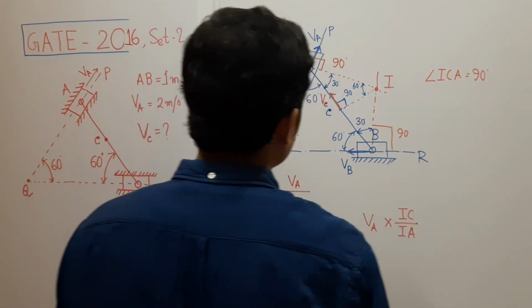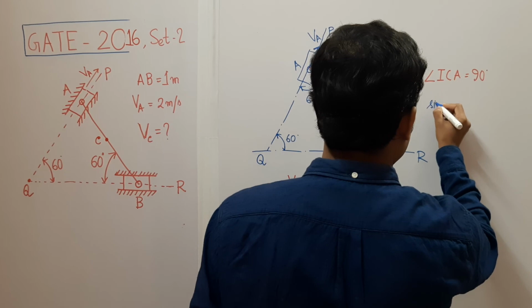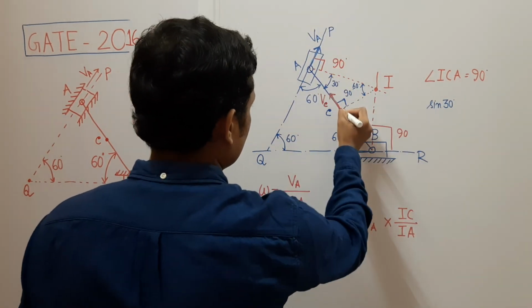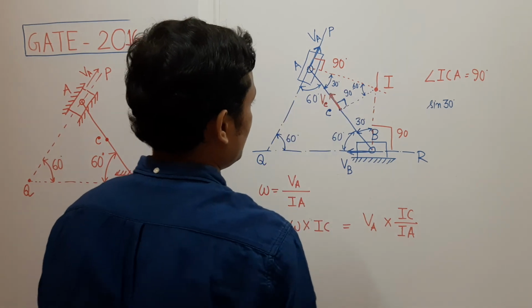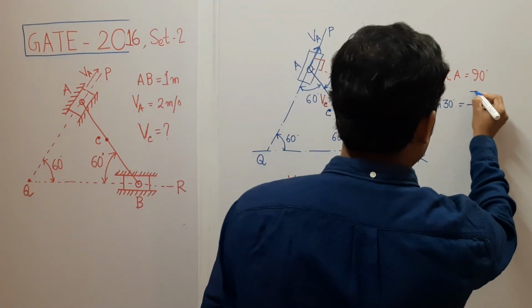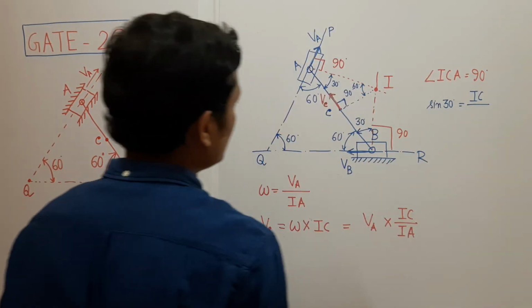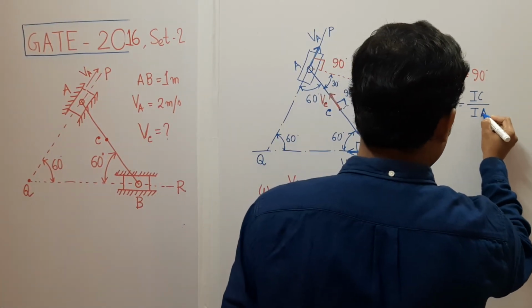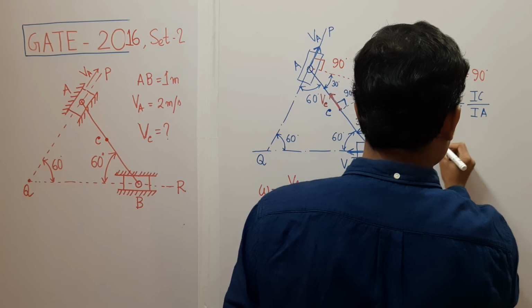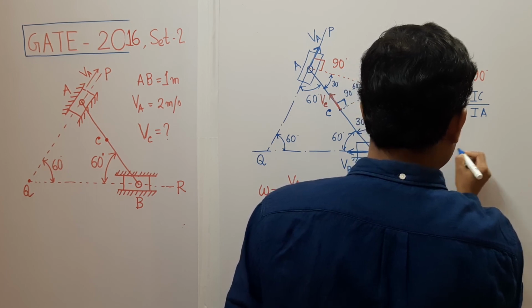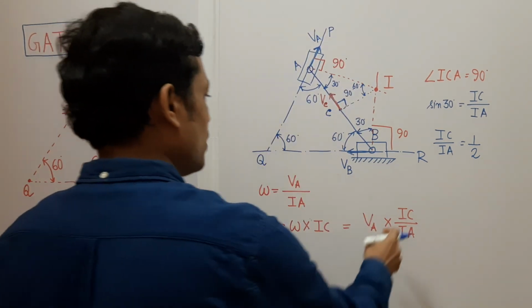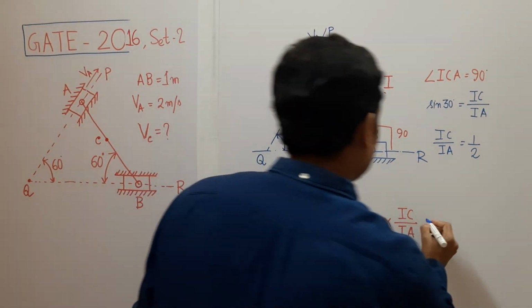Or you can easily determine, sine of 30 degree from triangle IAC is equal to IC by IA. So IC by IA is sine of 30 degree, that is half.